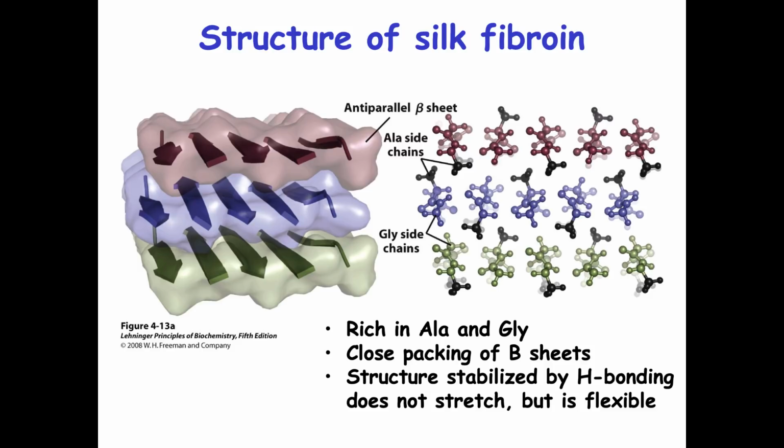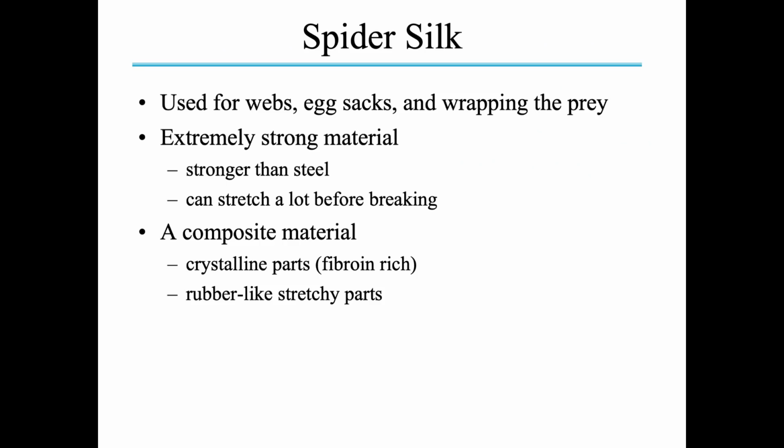And what you'll notice when you play around with silk is that it's very flexible, but it does not stretch. So spider silk is used for webs, egg sacs, and wrapping of prey. It's an extremely strong material. It's stronger than steel and can stretch a lot before breaking.